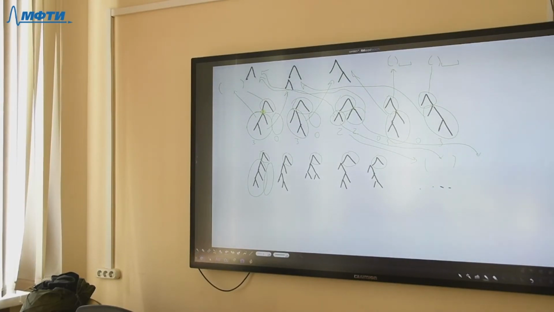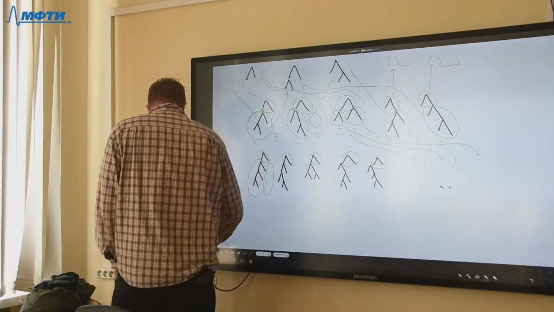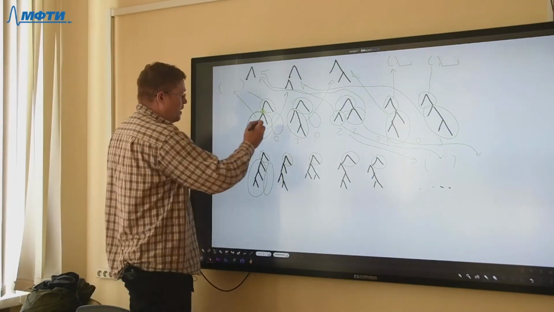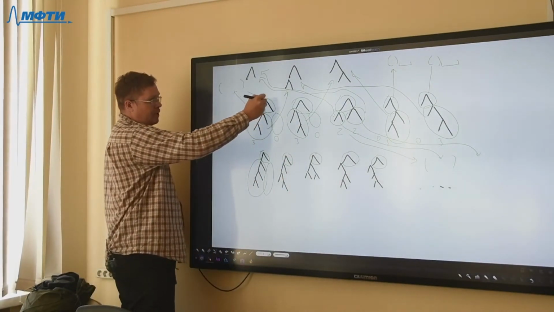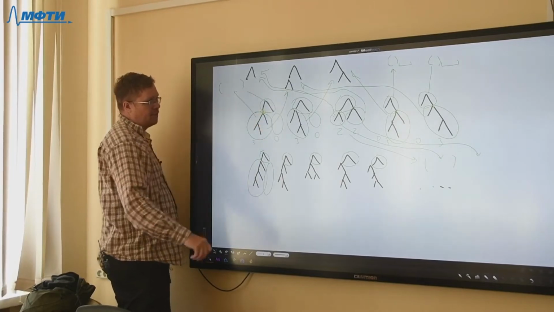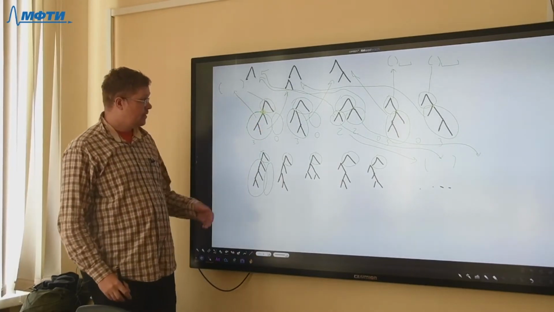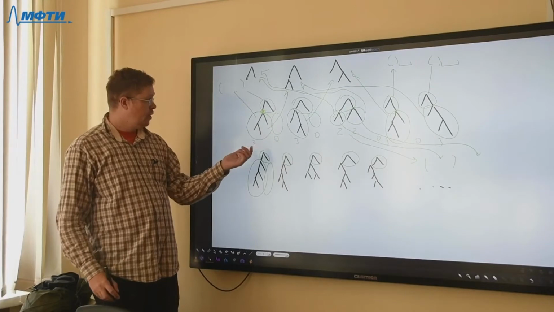No? So I can prove that I will have the same recurrence relations in this situation and in this situation, and the proof is just the same, because I take the root, I take the two edges, then I cut these two edges from the tree. Then I will have two branches.